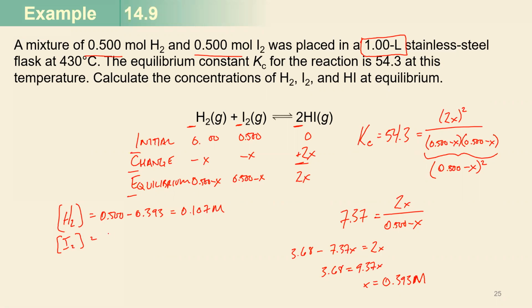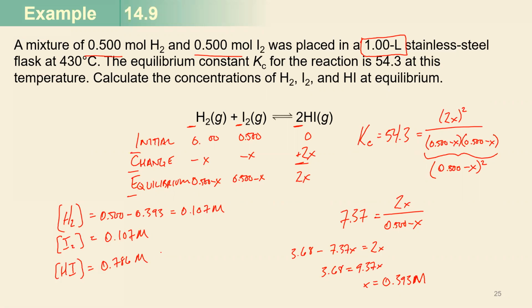We start with the same amount, and it's also 0.5 minus x, so 0.107 molar. And then the concentration of HI is just 2x, and so that's, what is it, 0.786 molar. Okay.